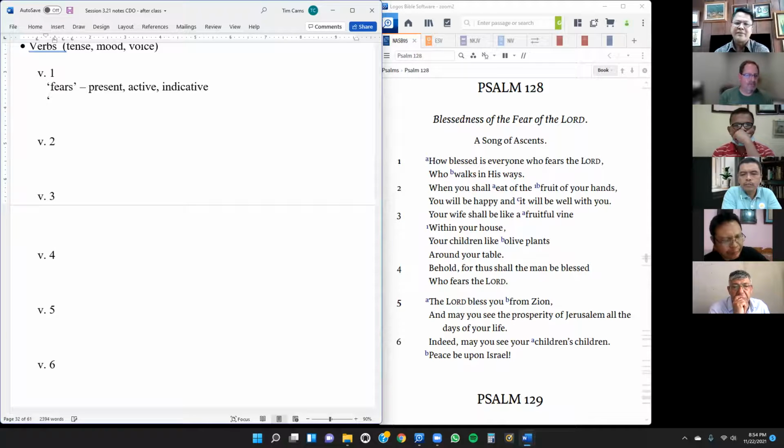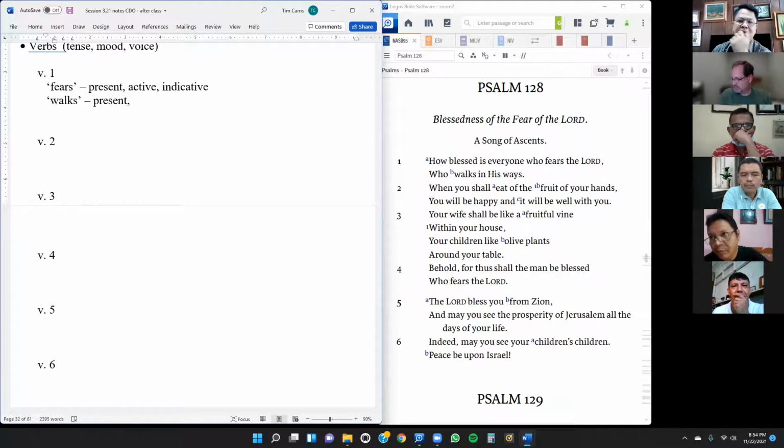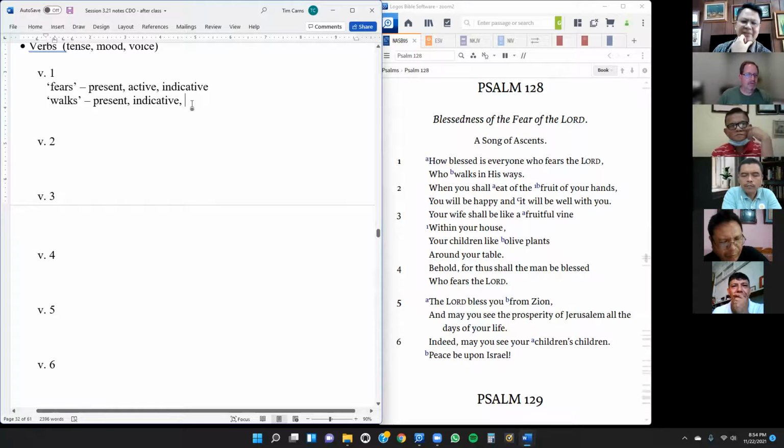All right. There's another verb which is present also, walks. Who walks? Indicative mood. Yes, good. Active or passive? Voice, active. Yes, the subject's doing the action.